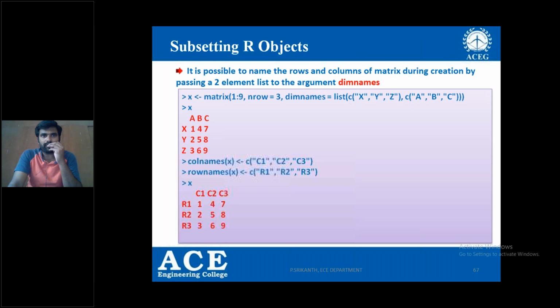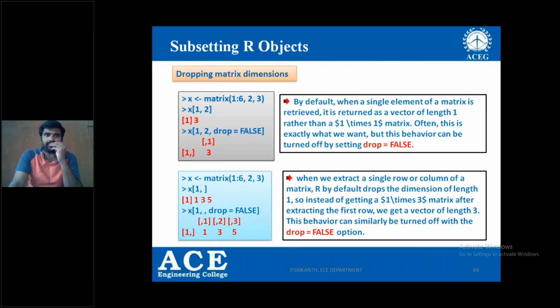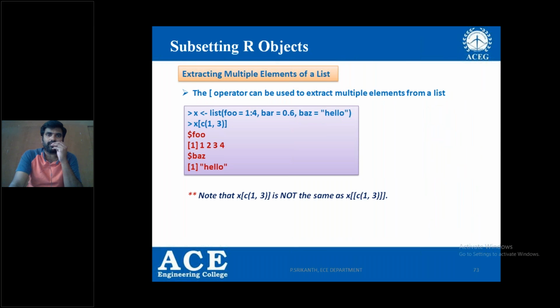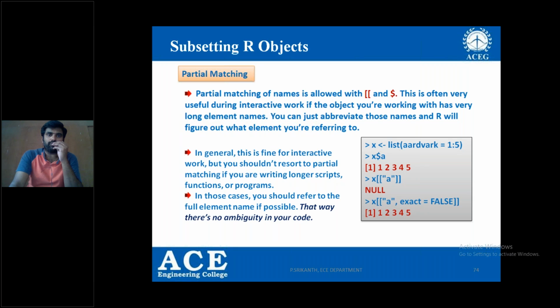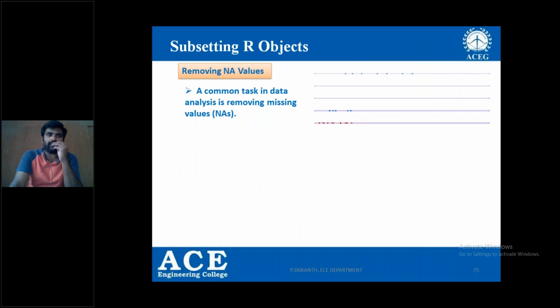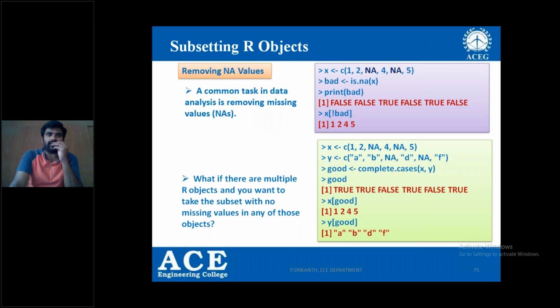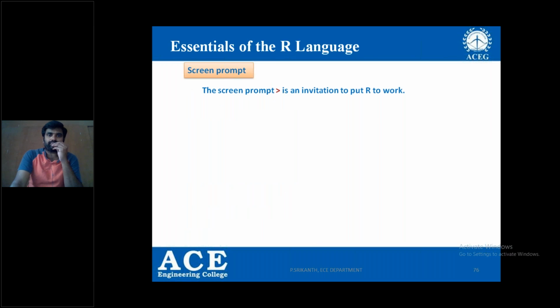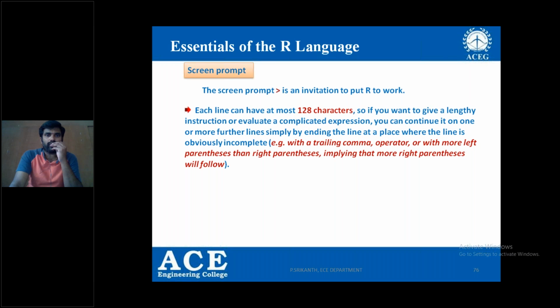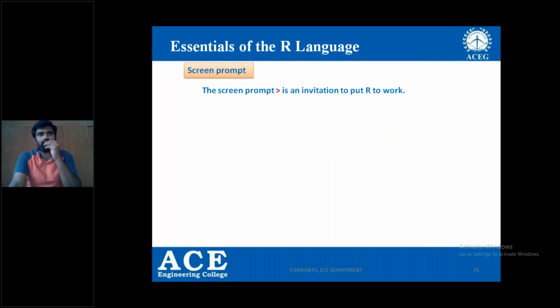Up to this, we discussed in the last class up to subsetting R objects, where we discussed what you mean by list, what you mean by factor, and how to assign NA, that is not available, not applicable to any value. So here I'm starting from essentials of the R language.